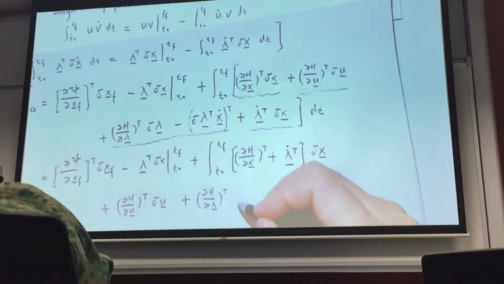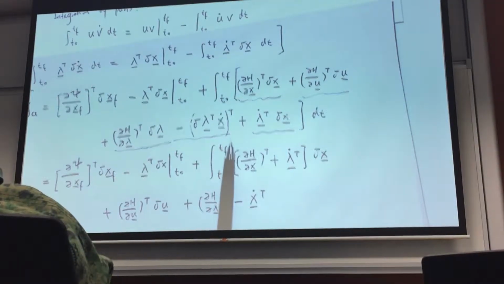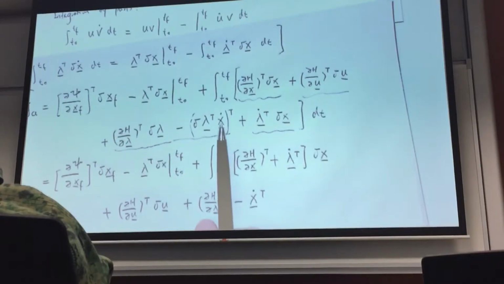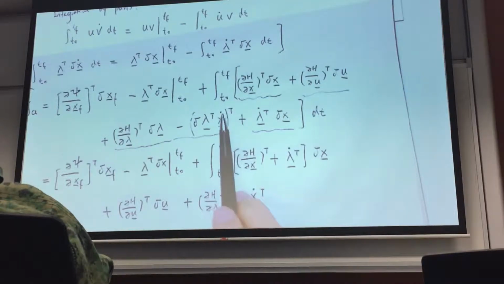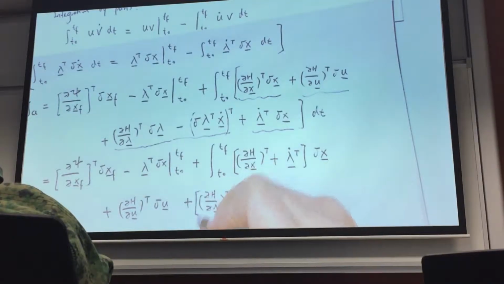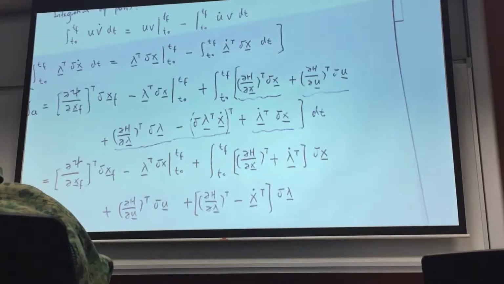Then this one will become minus x dot transpose multiplied by delta lambda transpose transpose. So the transpose will be removed, so this is multiplied by delta lambda.